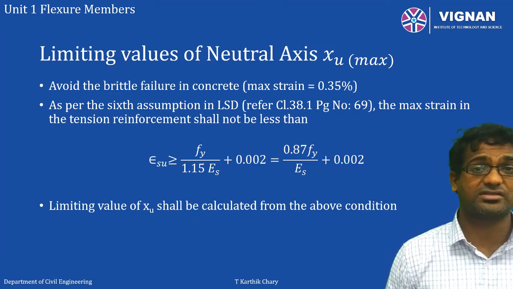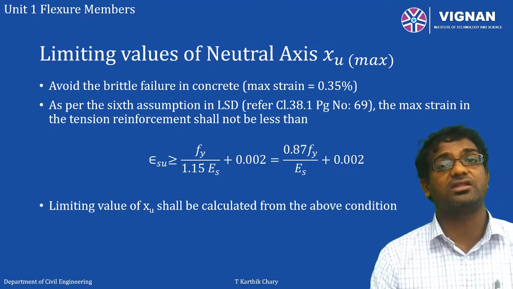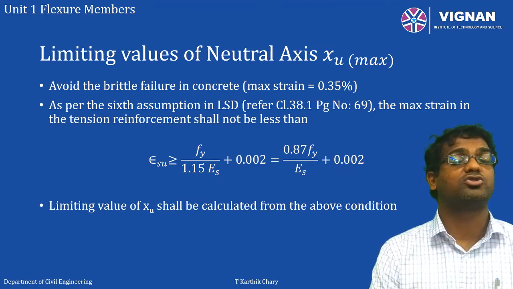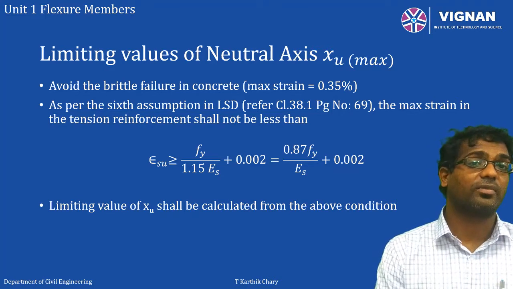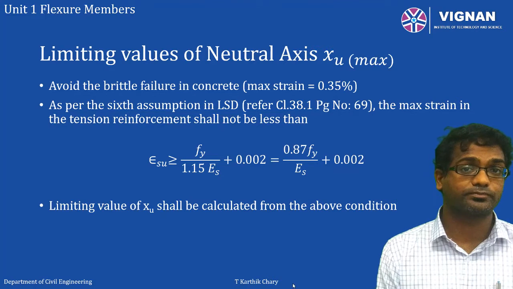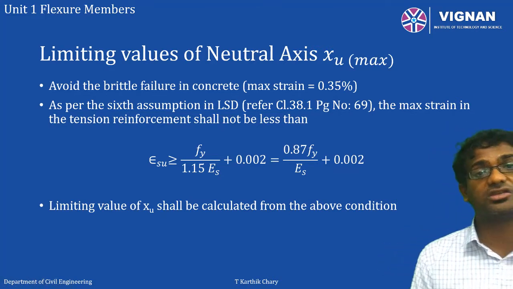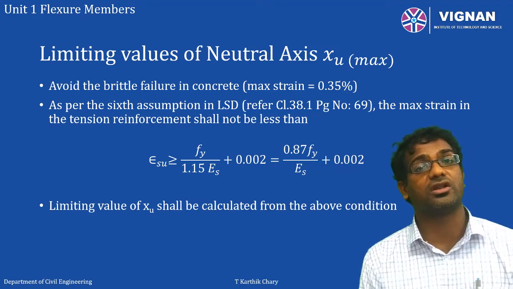So this means you are not allowing the strain in the steel to be less than that. You are always expecting the strain to be more. The objective of this is to avoid brittle fracture in the concrete.